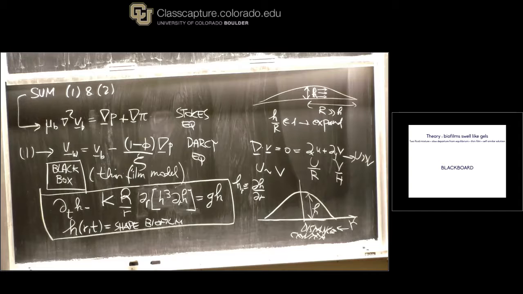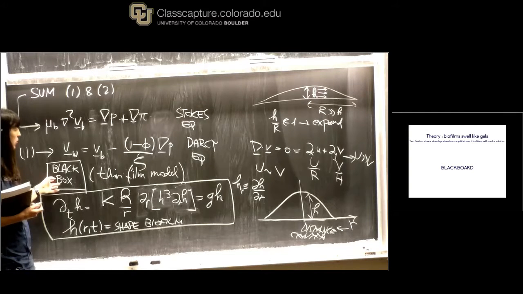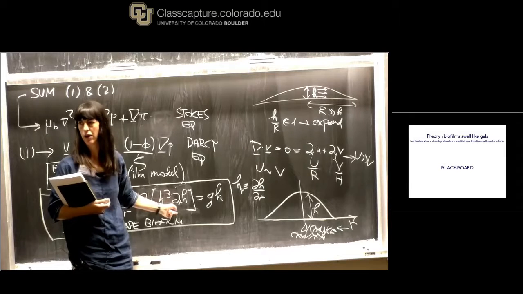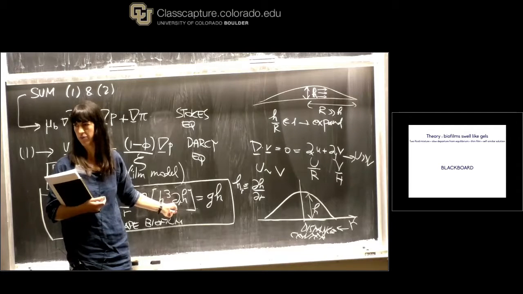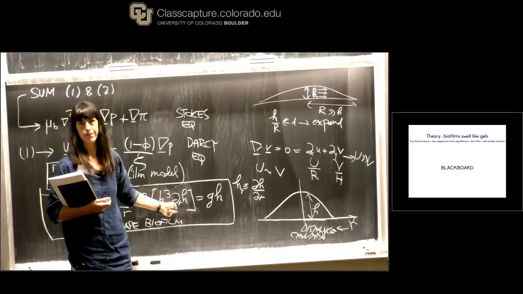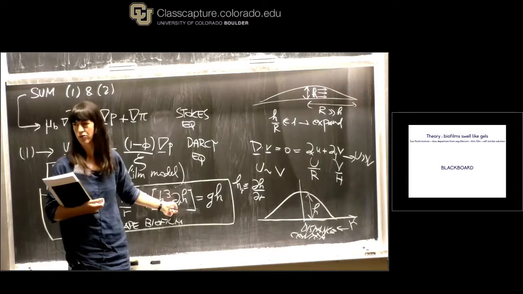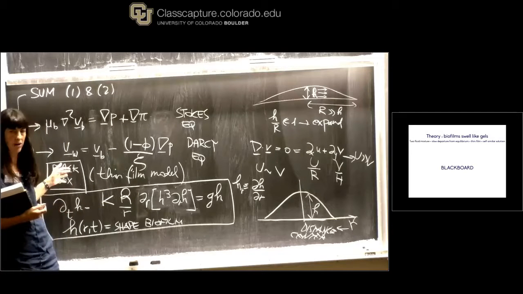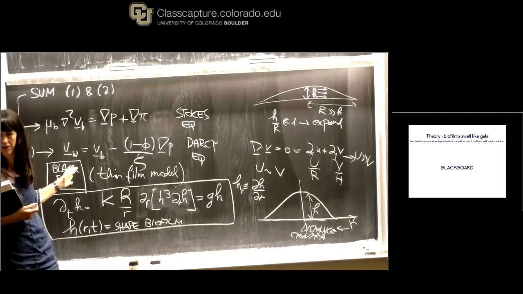Why? This is the black box. It always comes in H to a large power in thin film models. I don't know how to give you an intuition. It required a lot of time to do this properly.